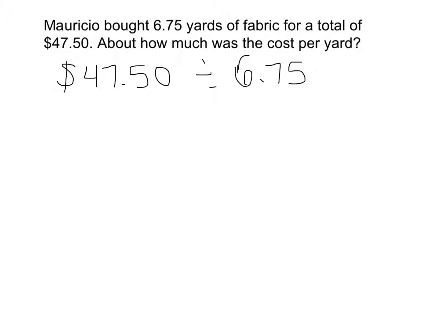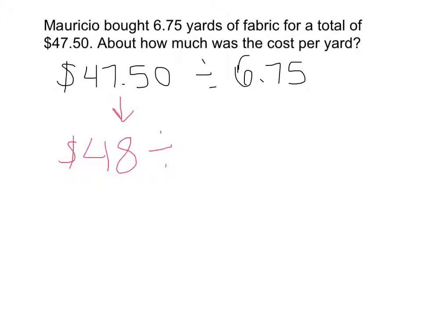So first I'm going to start with rounding $47.50 to $48. We will round up. Okay, so now we're trying to find what number we can make 6.75 into that divides evenly and perfectly into $48.